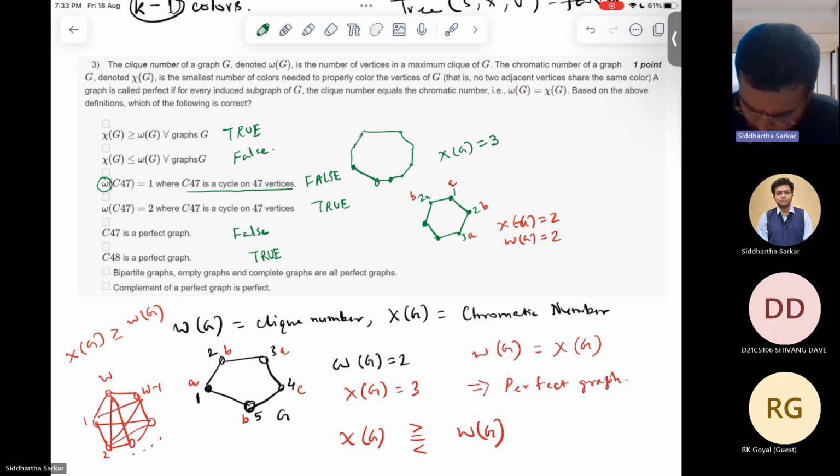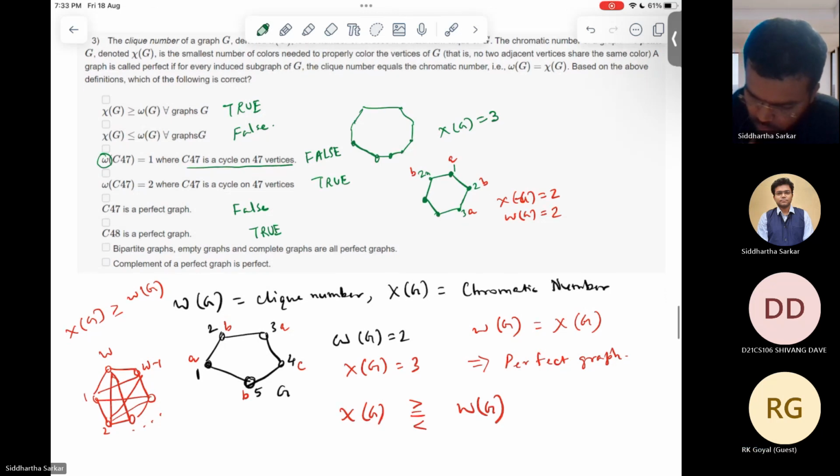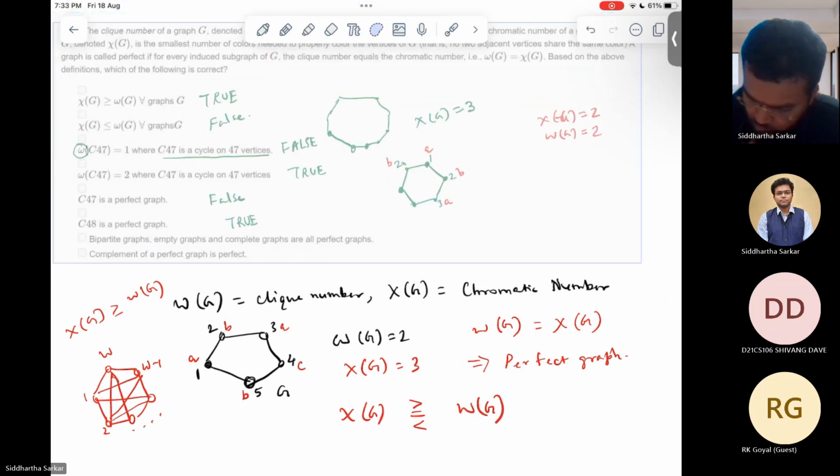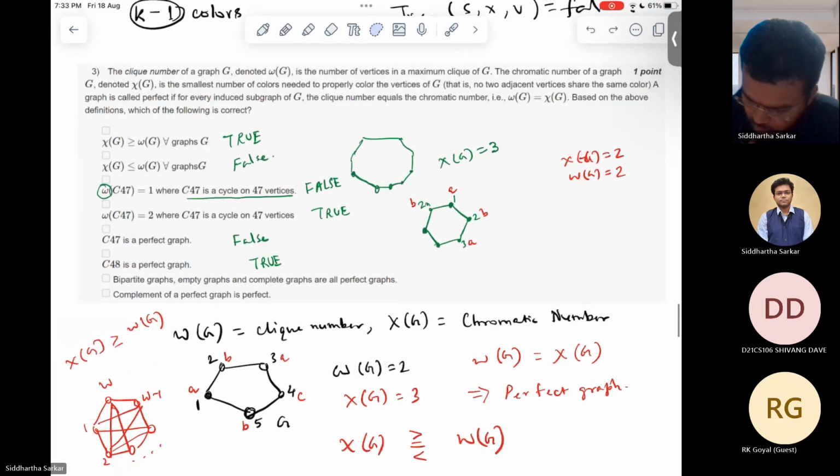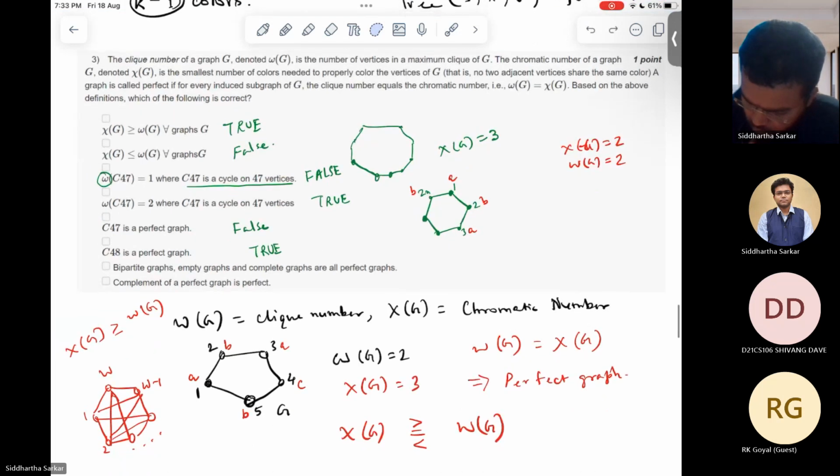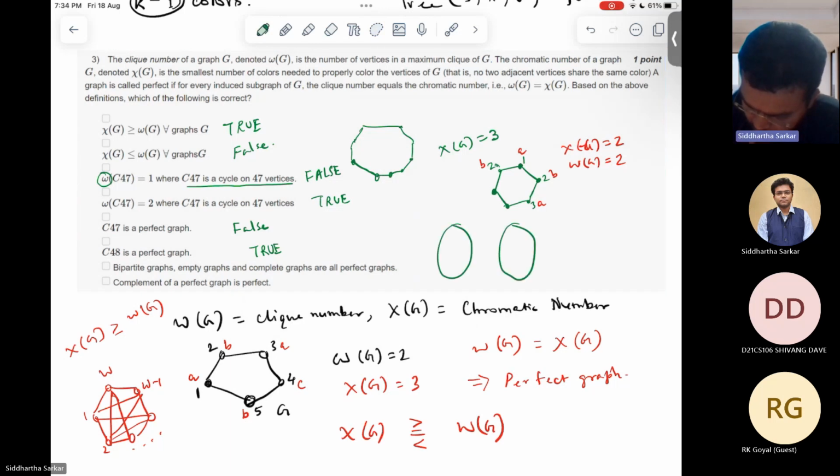So now the next one is saying bipartite graphs, empty graphs, and complete graphs are all perfect graphs. So let me draw a bipartite graph. Let us say this is a bipartite graph. There are some vertices, and edges are between vertices of the two parts only. There are no edges between vertices in the same part.